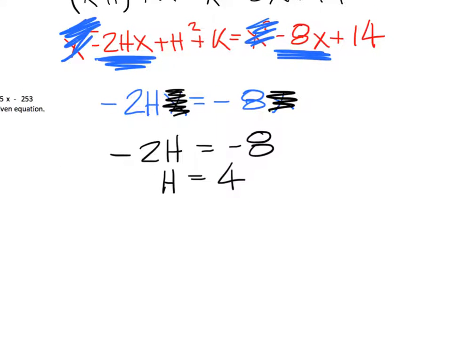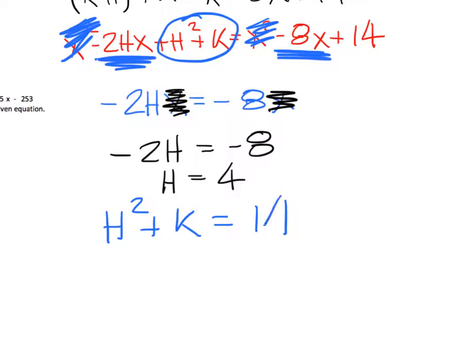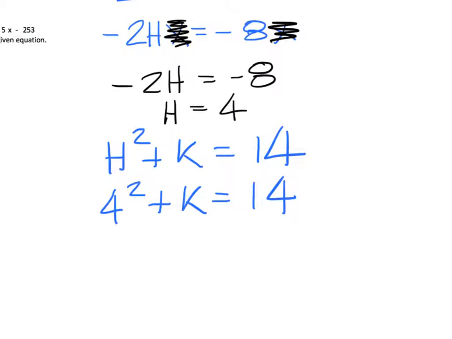But we're not finished yet, because notice we have an h squared plus k, and set that equal to 14. We found h to be 4. So 4 squared plus k equals 14. That is 16 plus k equals 14.